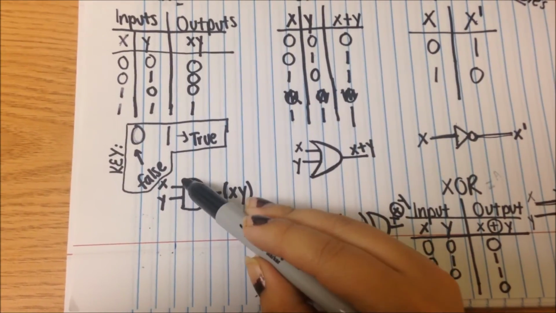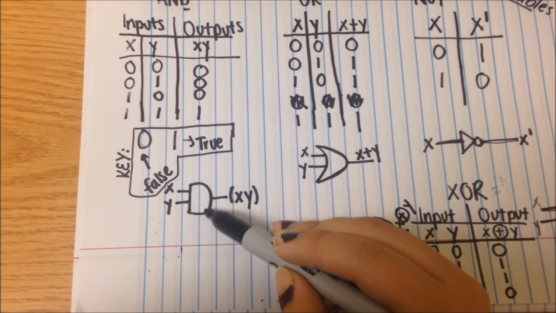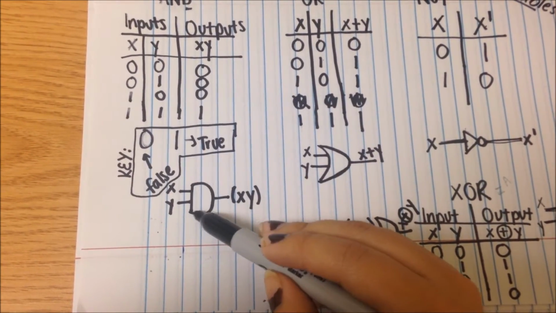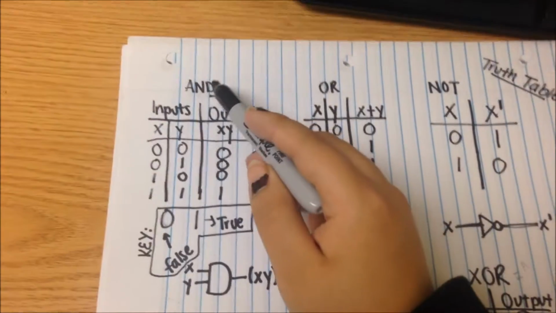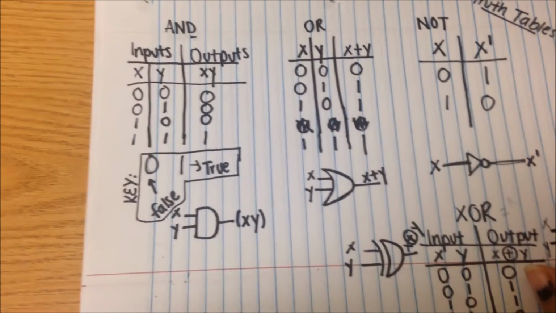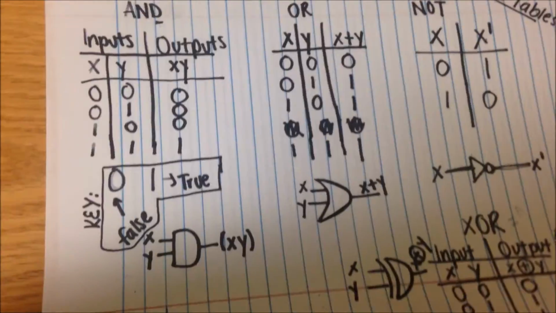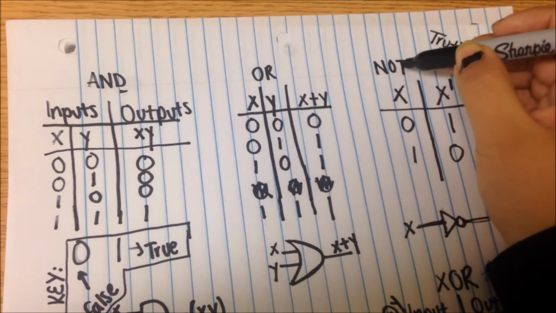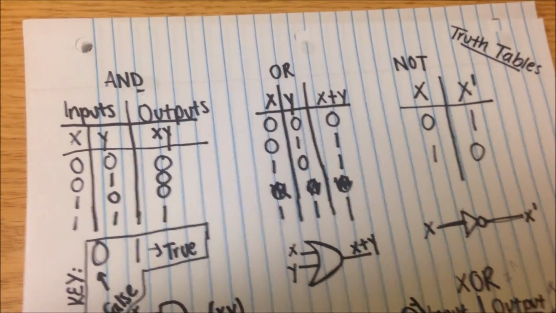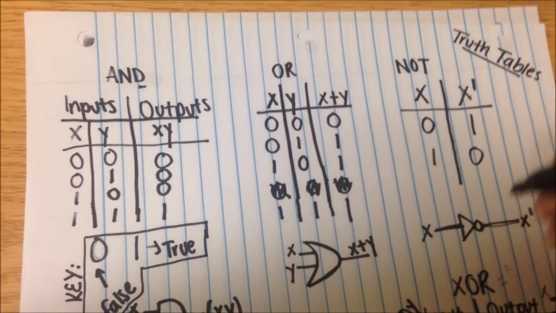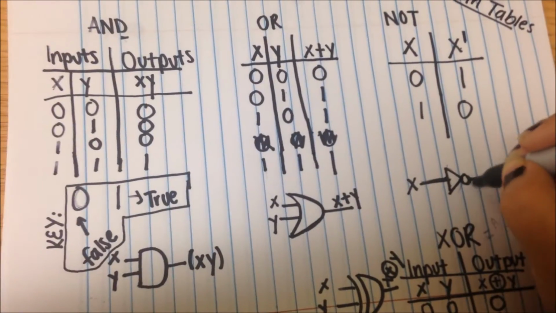Now, I told you one way of remembering that the AND gate is the D-shaped thing over here, just like the letter of the word AND. And these right here are your truth tables. Now, you will come across the opposite. Your NOT gate is essentially a triangle with a circle at the end.